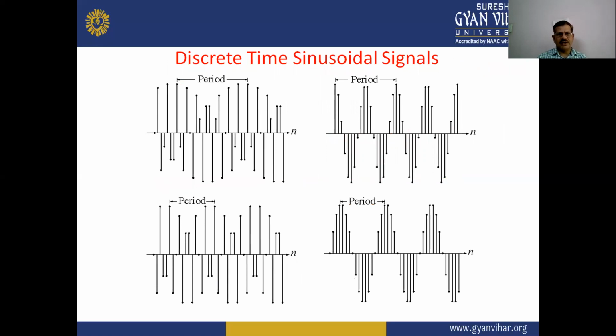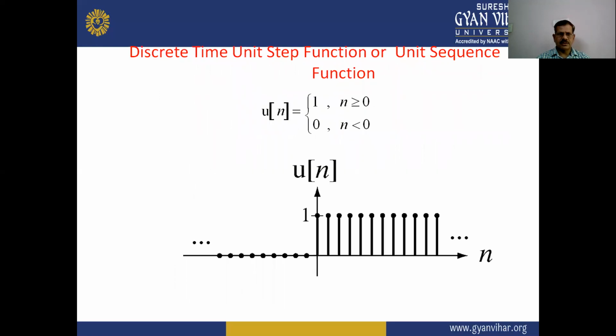There are different discrete time sinusoidal signals, and there are different time periods of the different discrete time sinusoidal signals, which we can represent in different diagrams of graphical presentation. Discrete time unit step function or unit sequence function.